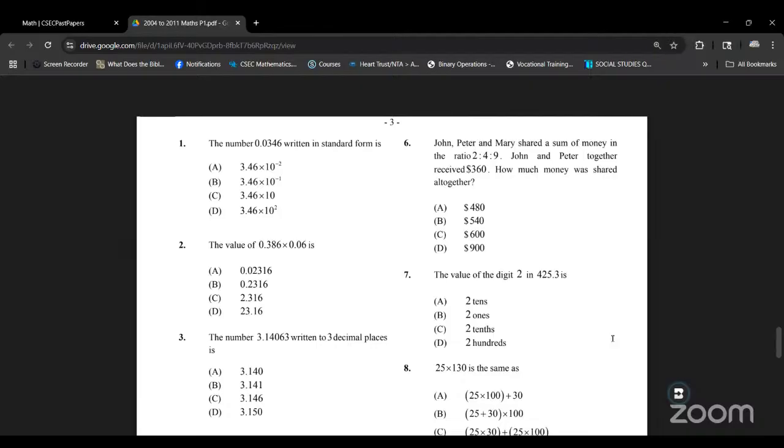I'm not asking for the answer, I'm asking you to tell me what the first two non-zero digits are. The first 3 and 4. 3 and 4. Good. So I have to place the decimal point between the first two non-zero digits.